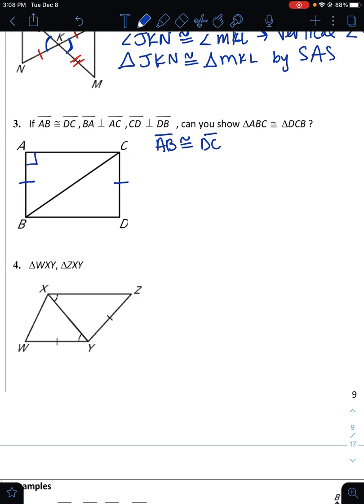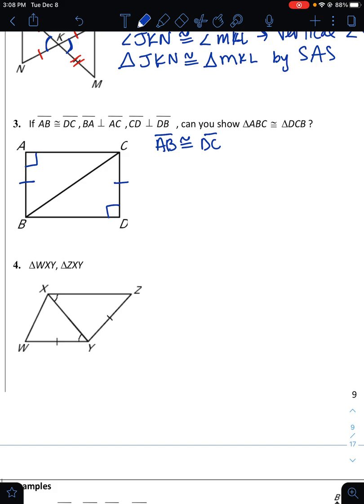BA is perpendicular to AC, and CD is perpendicular to DB. I'm not necessarily going to write that down because I'm just wanting to identify the side, the angle, and the side, if it's side, angle, side, or the hypotenuse and the leg if it's HL. Can I show the triangles are congruent?